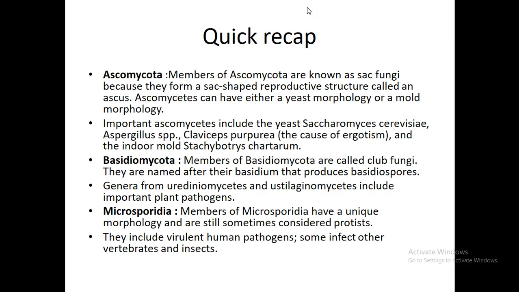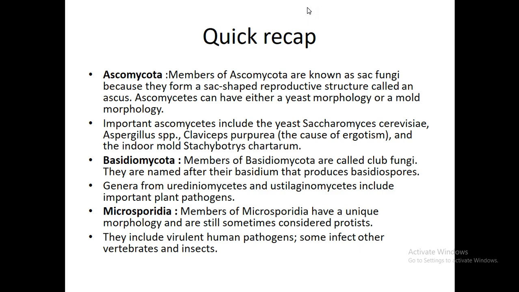The important ascomycetes include the yeast Saccharomyces cerevisiae, which is very important in baking and brewing industries. Aspergillus species are also very important. Claviceps purpurea is the cause of ergotism, and the indoor mold is Stachybotrys chartarum.